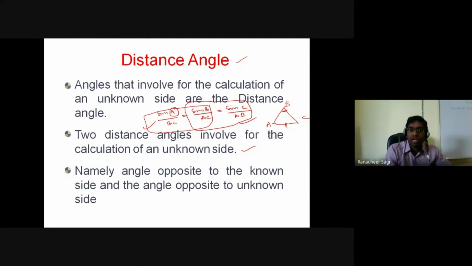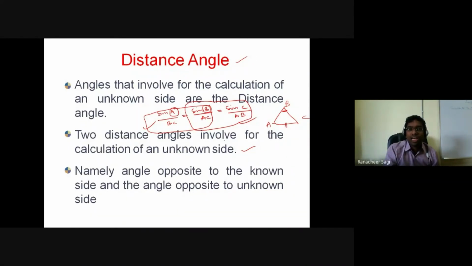Angle at A is involved, angle at B is involved. So two distance angles are involved in finding one unknown side. That's what it means. Namely, the angle opposite to the known side and the angle opposite to the unknown side. What are those two angles which are involved? One angle is opposite to your unknown side, and the other angle is opposite to your known side.